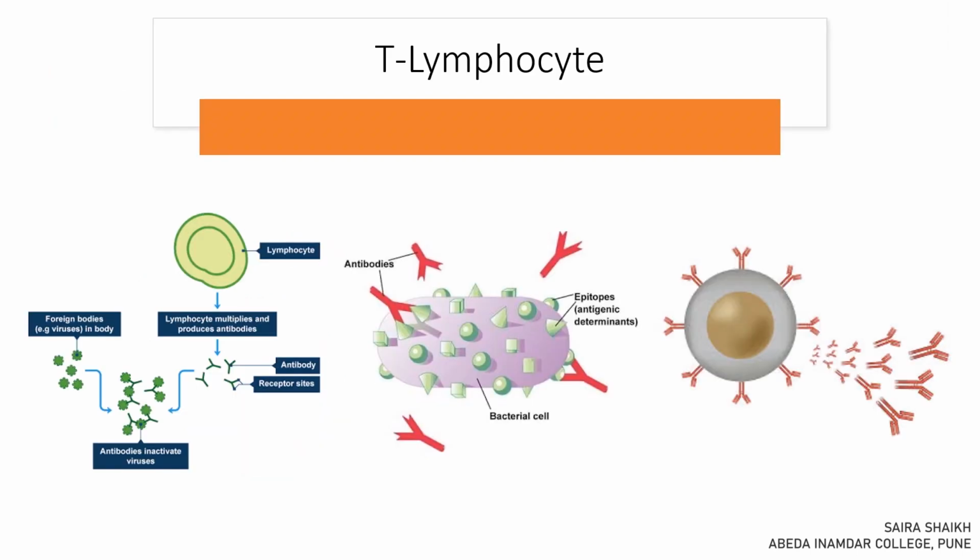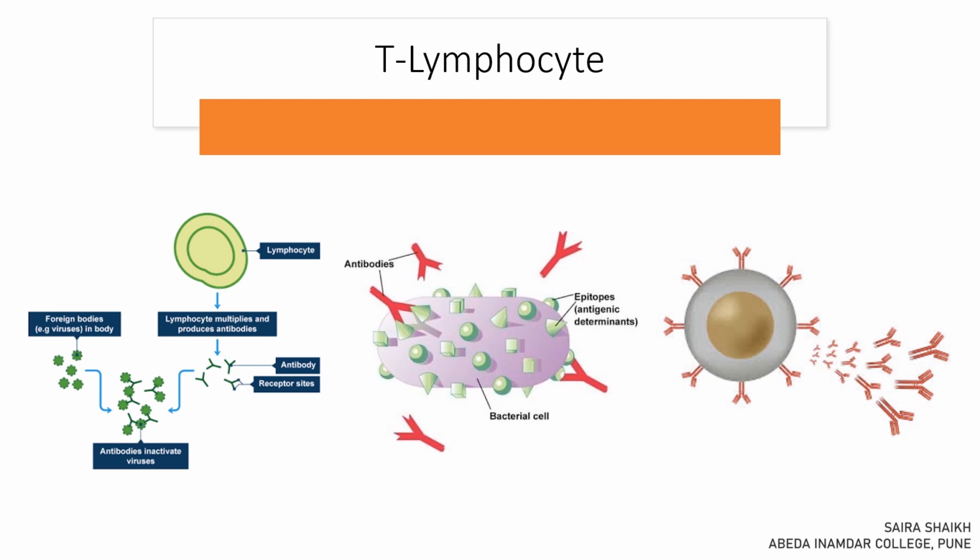Lymphocytes produce antibodies. Antibodies act like soldiers. They attack foreign material, which is termed antigen. Antigen may be a virus or bacteria.